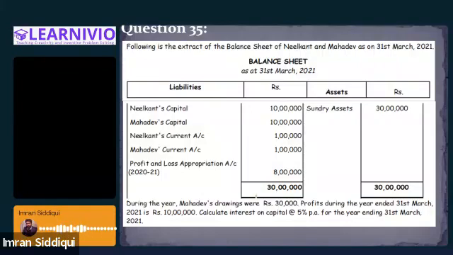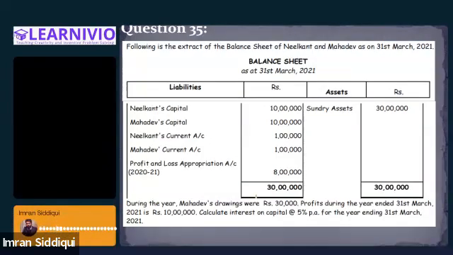When a firm follows the fixed capital method, the capital balance of the partners remains the same, opening and closing, and is not affected unless drawings are made out of capital.